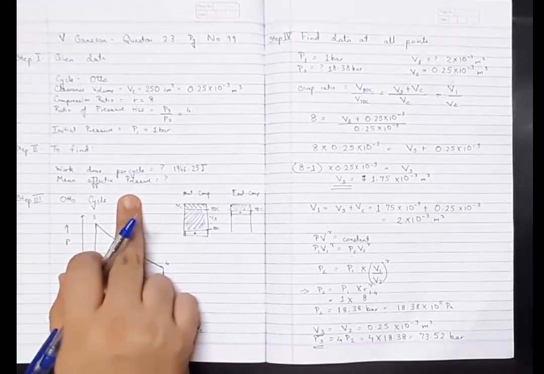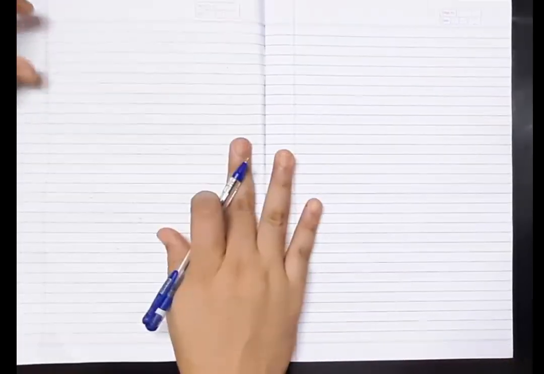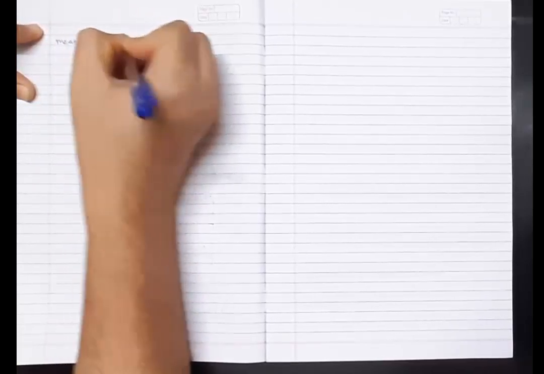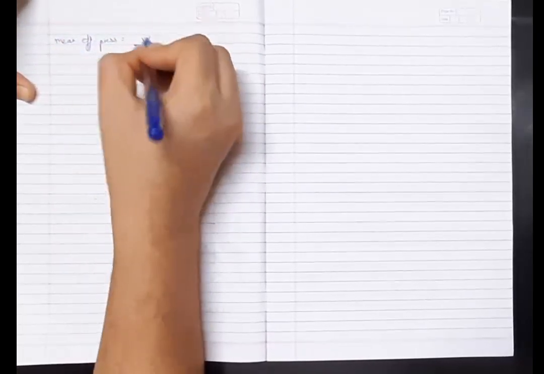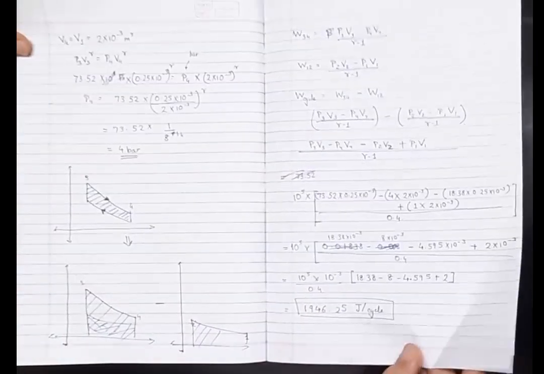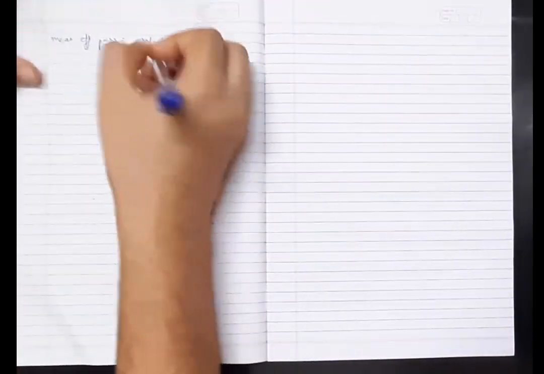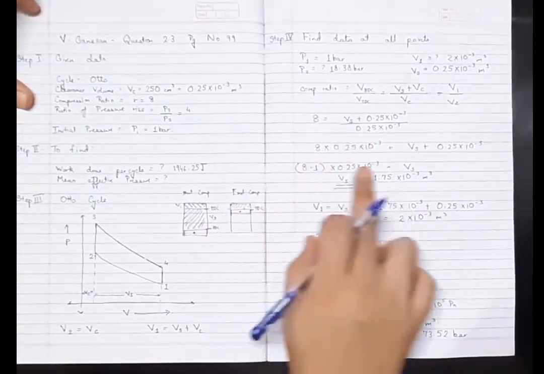Next thing we have to find out is the mean effective pressure. What is the formula for mean effective pressure? It is very simple. Mean effective pressure is equal to work done in one cycle divided by swept volume. What is work done in one cycle? We just found out 1946.25. And what is the swept volume? We found it out somewhere.